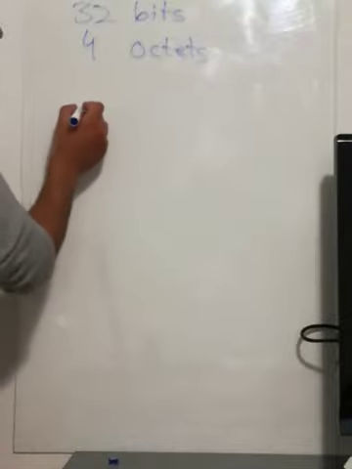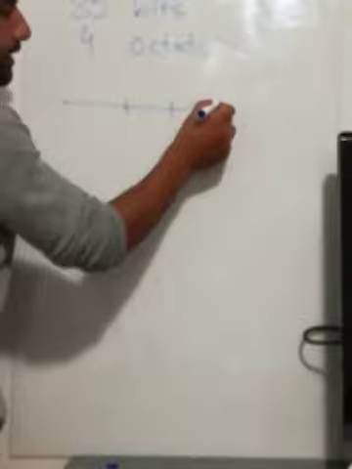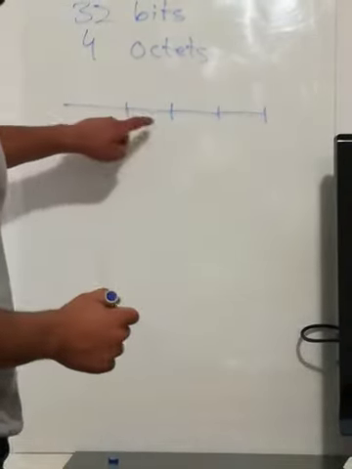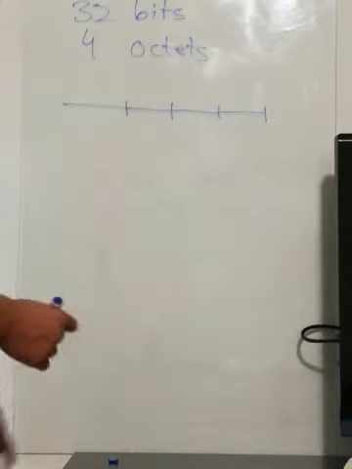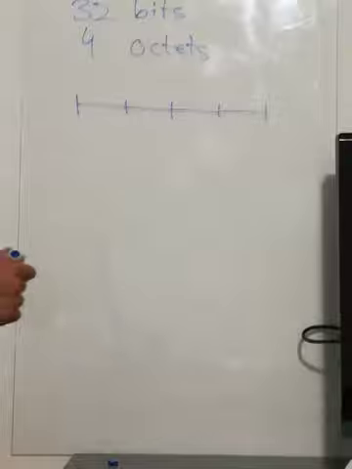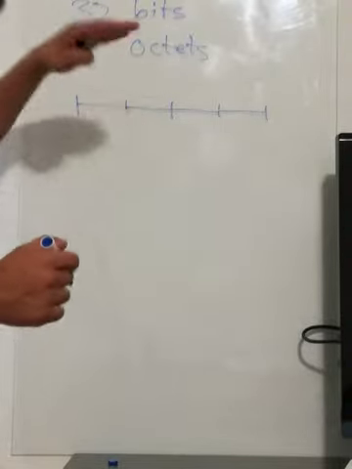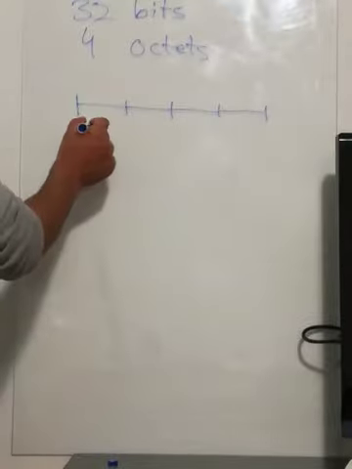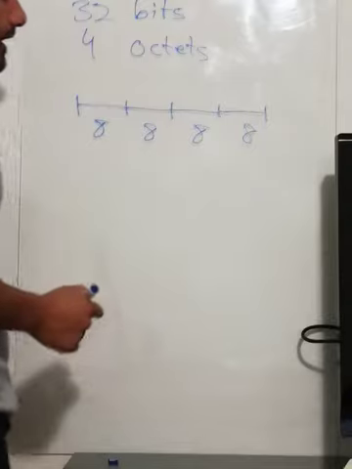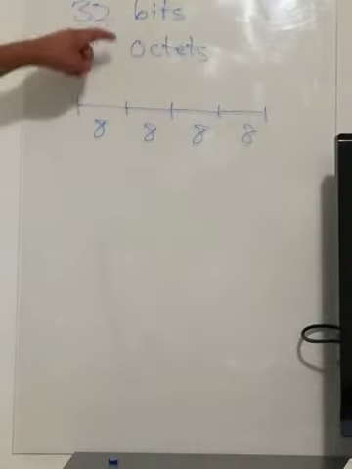I start drawing a line from here and I split it 4 times: 1, 2, 3, 4. Inside these 4 places that I have split, there are 8 bits each. 8, 8, 8, 8. 8 multiplied by 4 is equal to a 32 bits address.